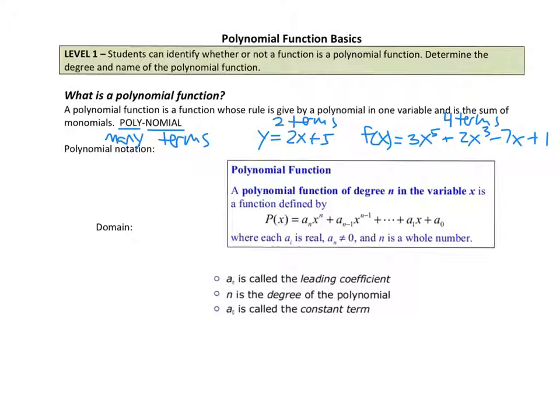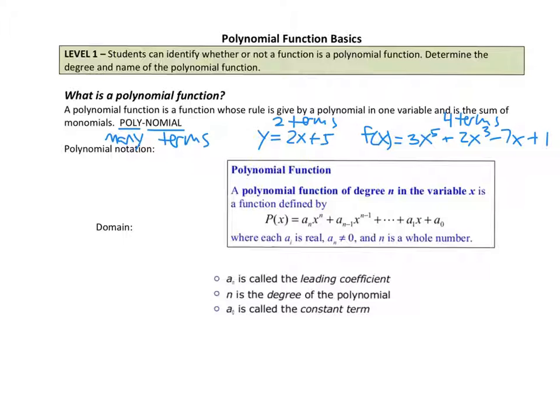And all of those a's are any numbers. So a sub n minus 1, they are any real numbers. They can be fractions, they can be decimals, they can be irrational or rational.